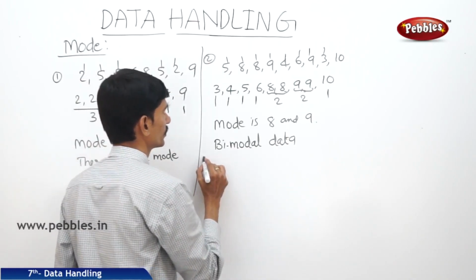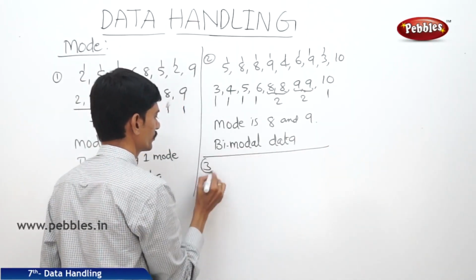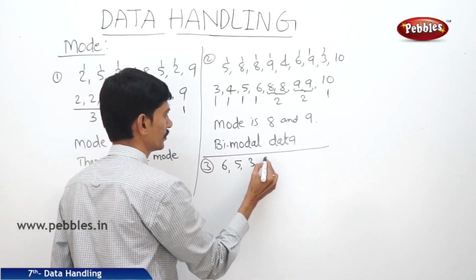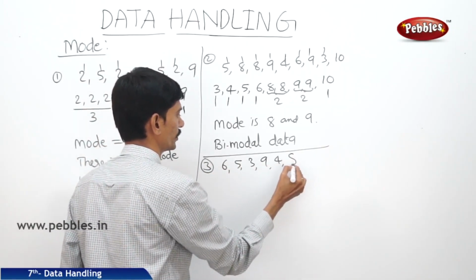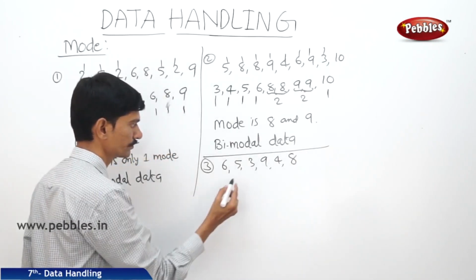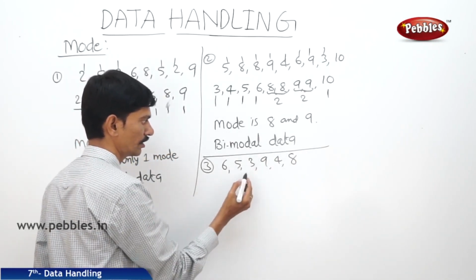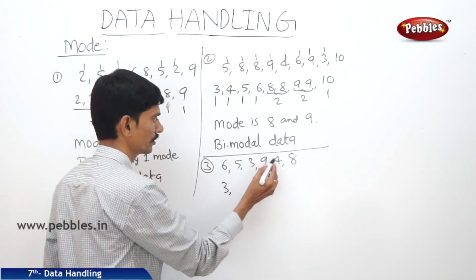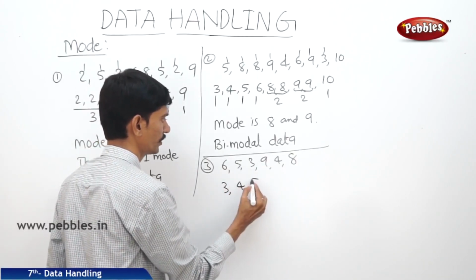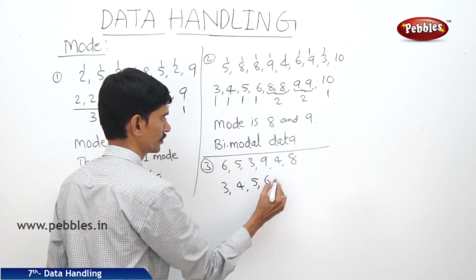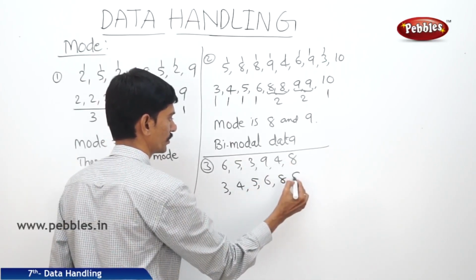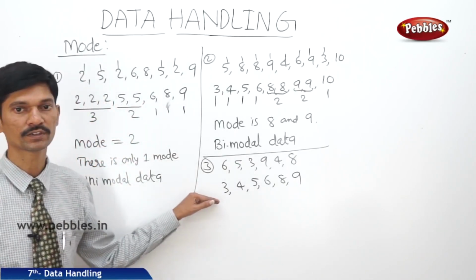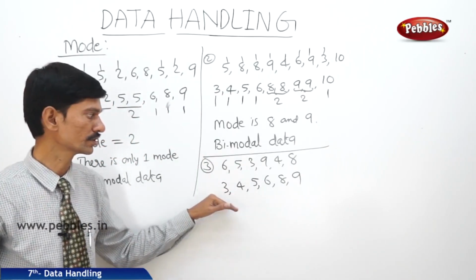Now for example, the third question: 6, 5, 3, 9, 4, 8. If you arrange all the observations in ascending order, we get 3, 4, 5, 6, 8, 9. There is no value occurring most frequently, meaning no observation is repeated.